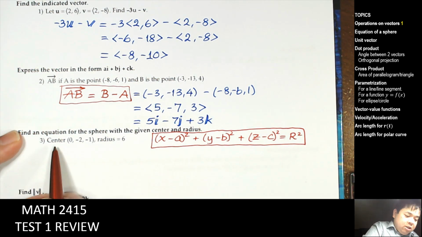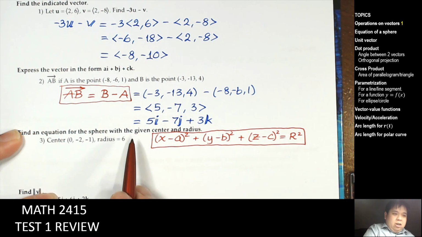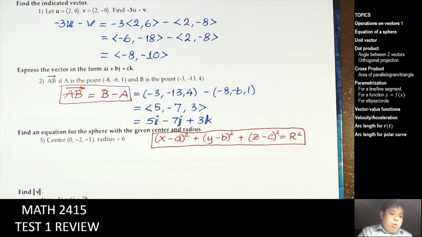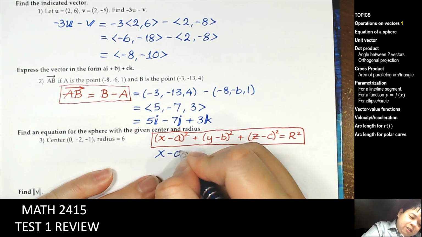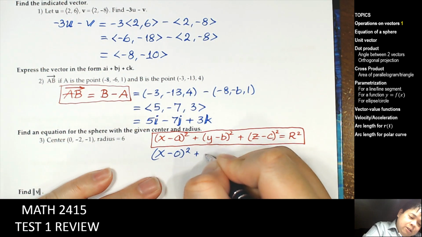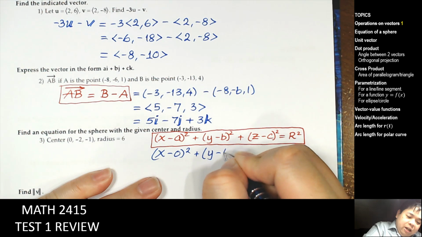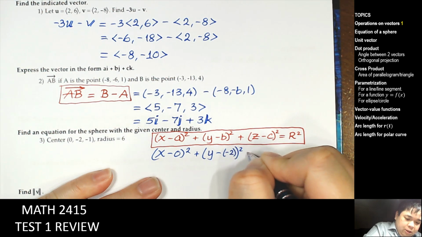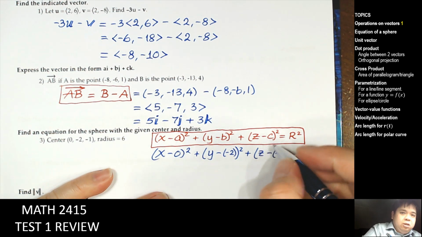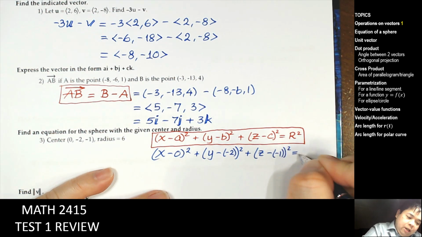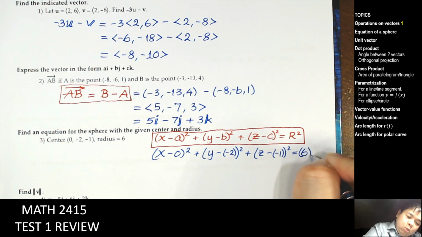In this case we have the center at this point and radius 6. So all we need to do is just replace a is 0, b is -2, and c is -1, and radius is 6 square.